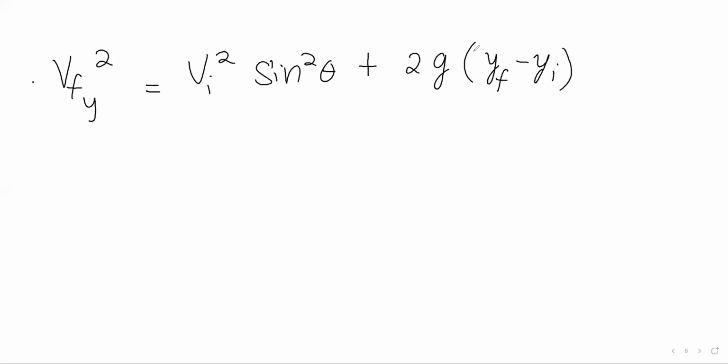Specifically at the vertex, we know the velocity in the vertical direction is 0. So when v final y is 0, this is the maximum height.